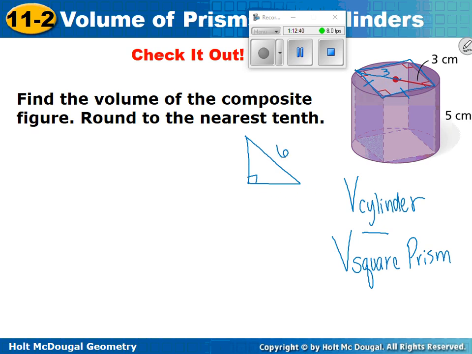What would we call these two sides? X and X, because they're the same. Do you guys see that? And then you could do x squared plus x squared equals 6 squared and solve for x. What's the height of this square prism? It's also 5. Okay? So if you get to composite shapes, you're going to have to think about it a little bit. Call me or text me if you have questions.